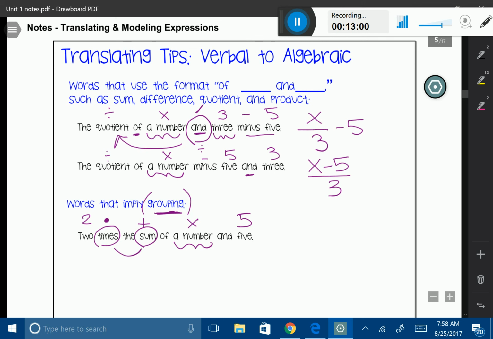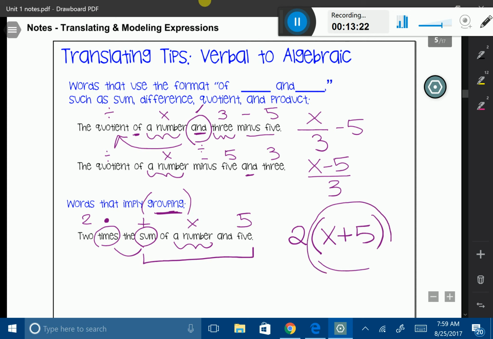Sometimes this will indicate that you need to group some numbers together. I want to say 2 times, and now I'm looking at this piece, the sum of a number and 5, so a number plus 5. This piece right here is what we call a quantity. So 2 times the quantity of x plus 5.